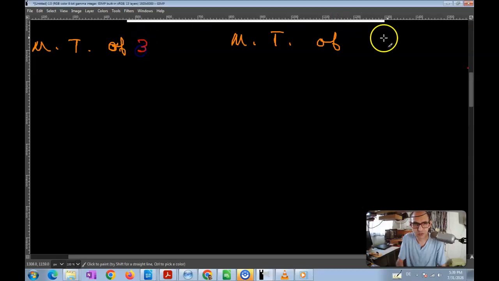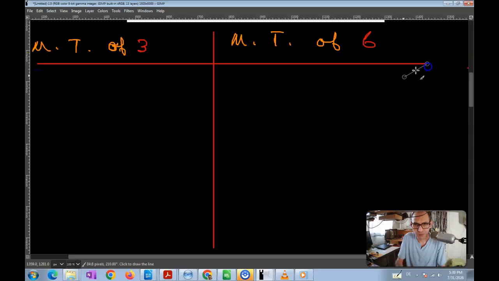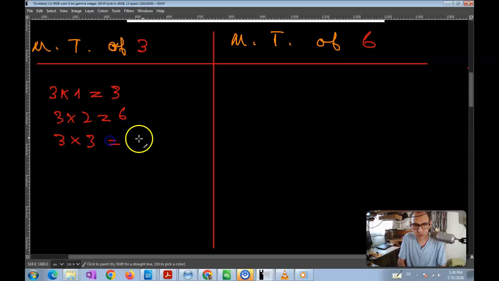So let's do the multiplication tables for 3 and 6. We have 3 times 1 is equal to 3, 3 times 2 is equal to 6, 3 times 3 is equal to 9, 3 times 4 is equal to 12, and so on and so forth, right?